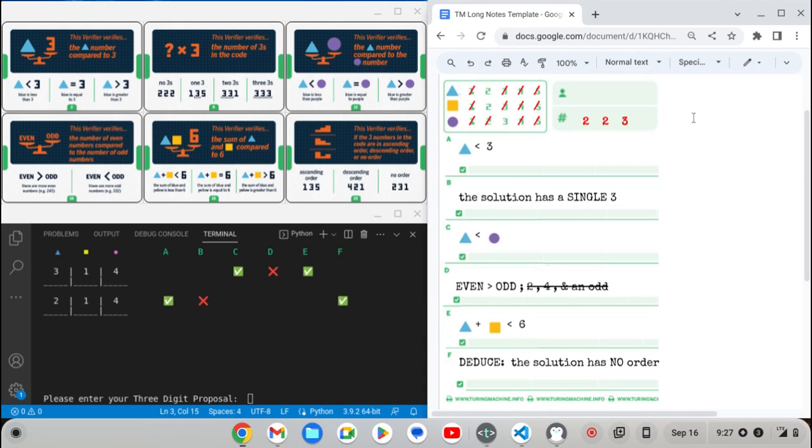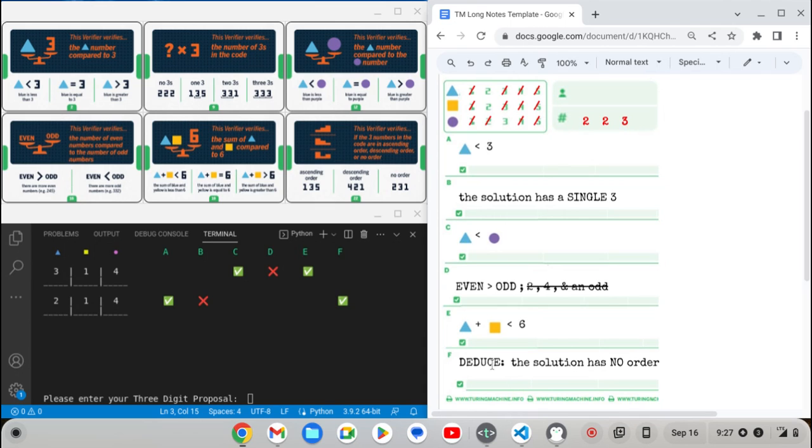So let's see. We confirmed A, that triangle needs to be less than 3. It is. We know the solution has a single 3 because it disapproved of the absence of 3. There it is. It's true that triangle is less than circle. We do have more evens than odds. The sum of the first two is less than 6.